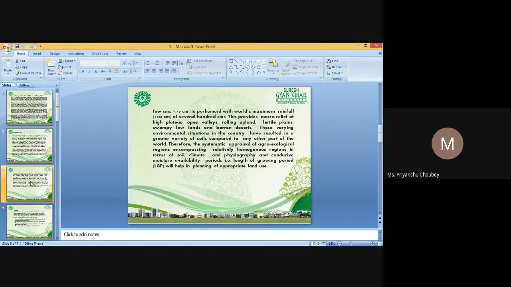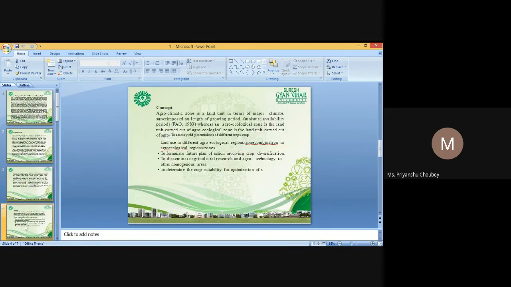Therefore, a systematic appraisal of agroecological regions, comprising relatively homogeneous regions in terms of soil, climate and physiography, and the conducive moisture availability period, that is, the length of the growing period, will help in planning appropriate land use.